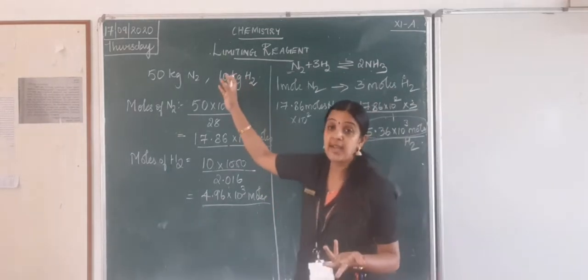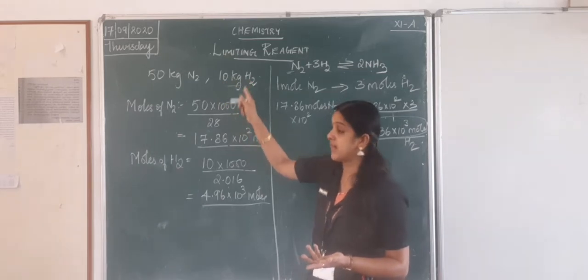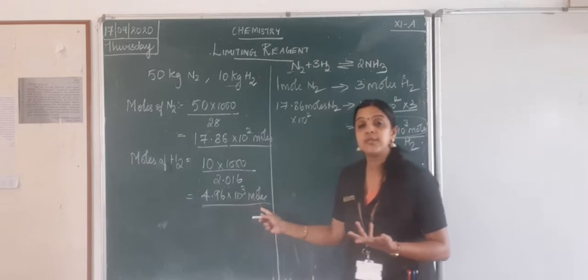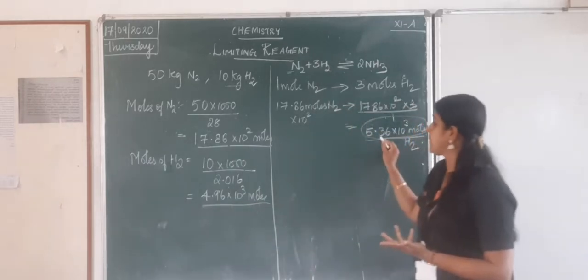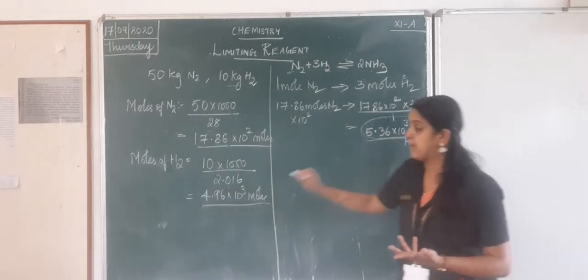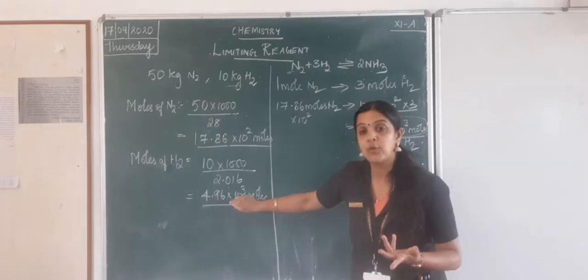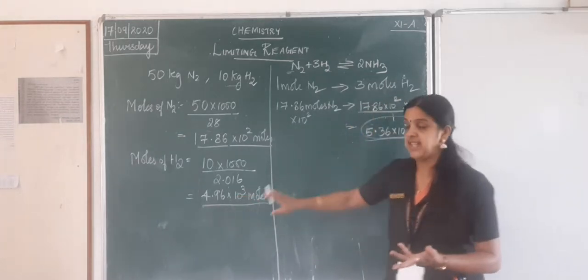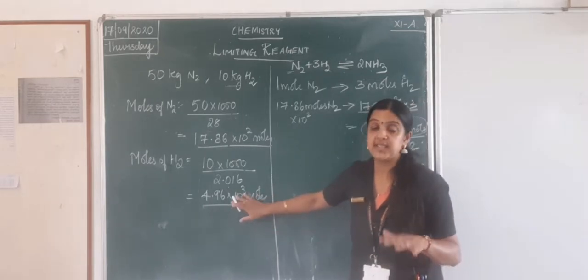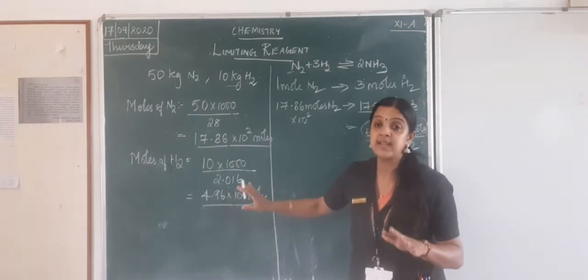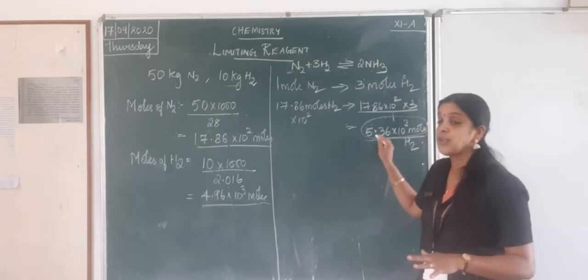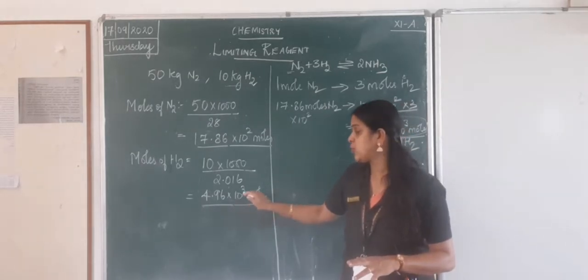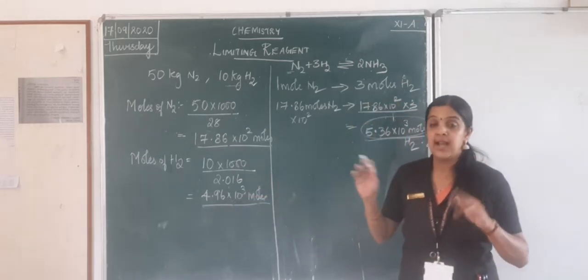But how much do I have? With 10 kg of hydrogen, I have only 4.96 into 10 power 3 moles. The required amount is 5.36, but I got only 4.96. So which is the limiting reagent? Yes, you are right, dihydrogen, that is H2, is the limiting reagent, because out of 5.36 I have only 4.96 into 10 power 3 moles of hydrogen.